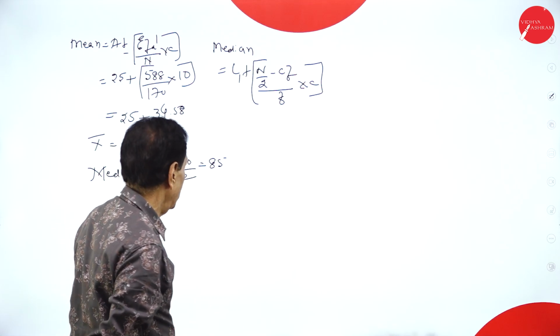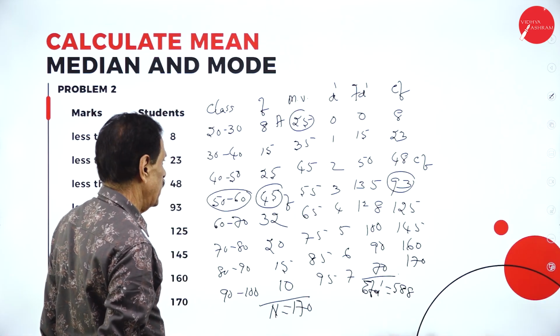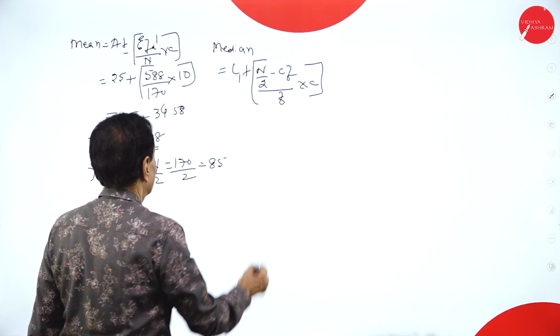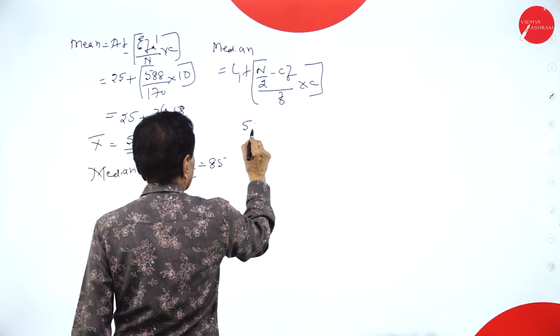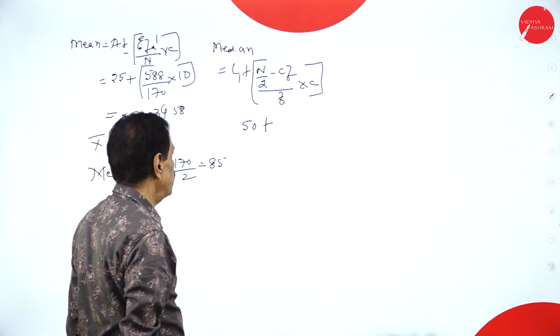Apply. Which range have you selected? 50 to 60. L1 is 50. What's your n by 2?